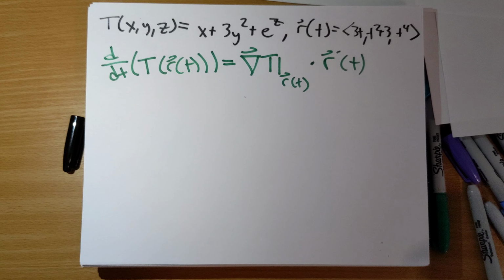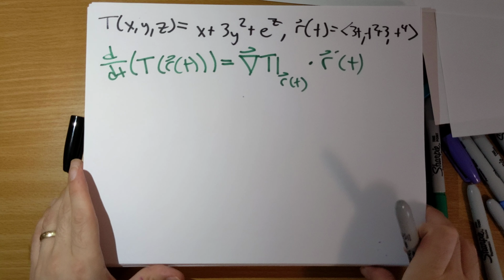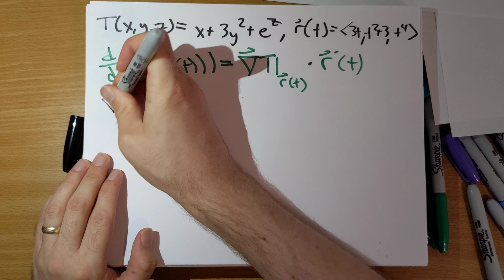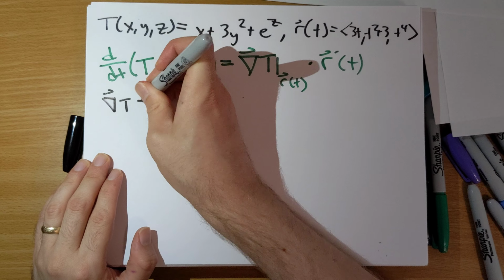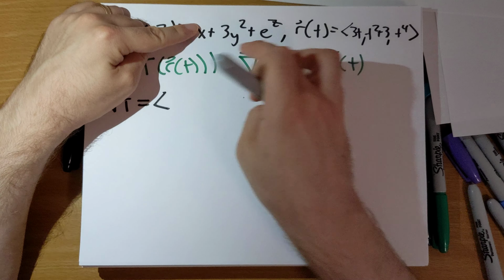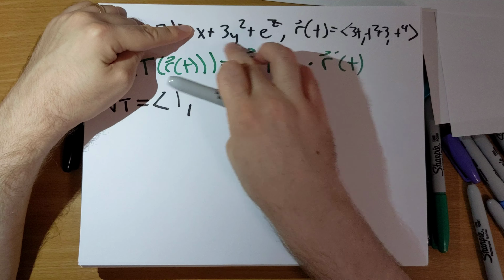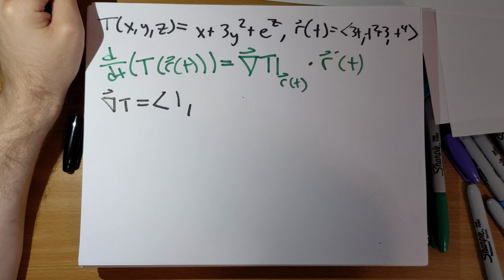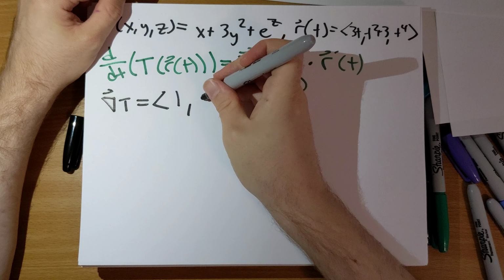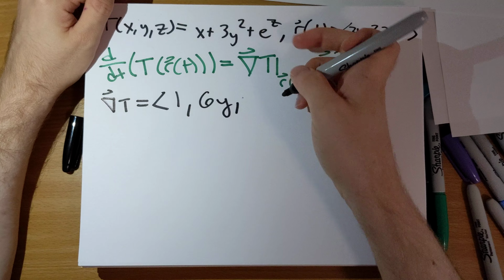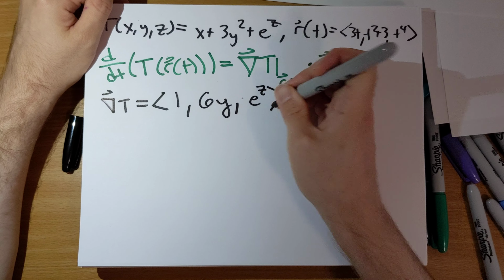Okay, so now we just have to fill in all of the important pieces here. The gradient of T: the x partial derivative is 1, the y partial derivative is going to be 6y, the z partial derivative is e to the z.